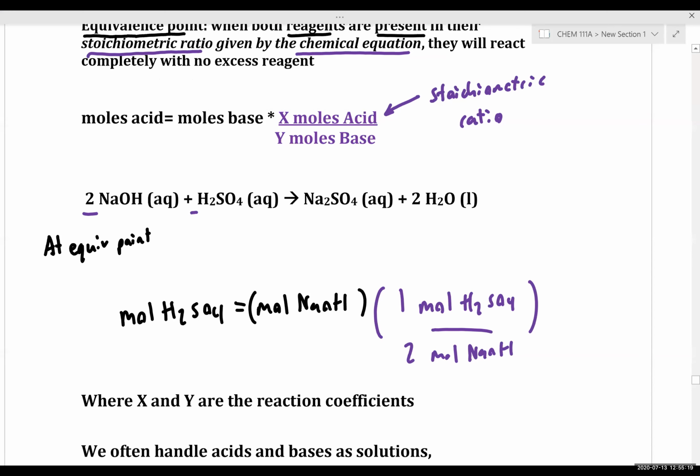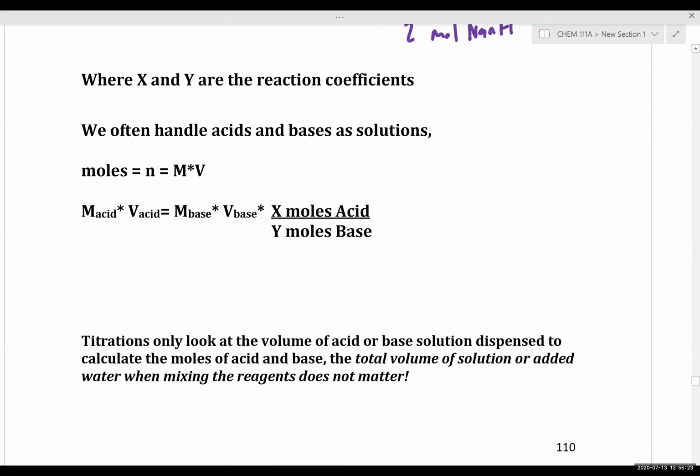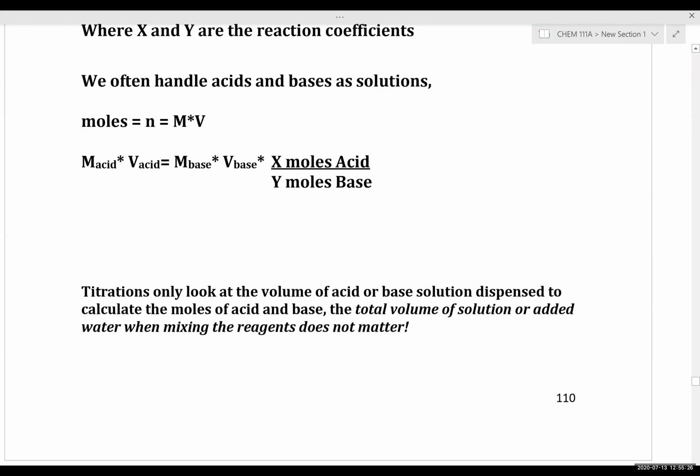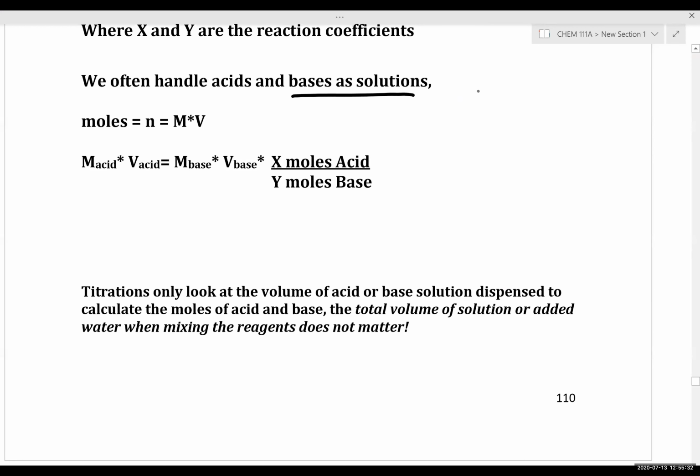Okay, so let's now continue on and discuss a critical feature of acids and bases, and that is that we handle acids and bases as solutions. So we can figure out the moles of acid and base by taking the molarity times the volume.